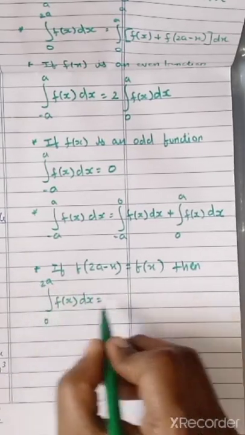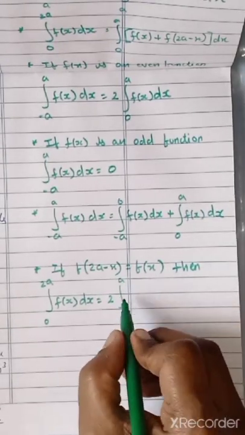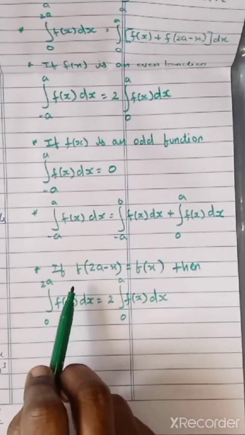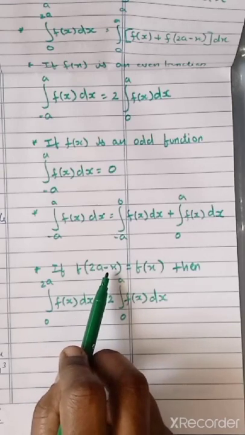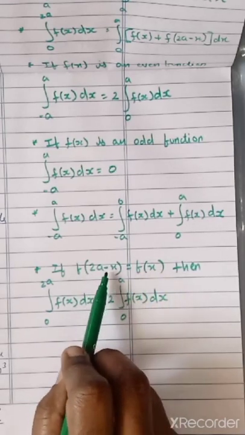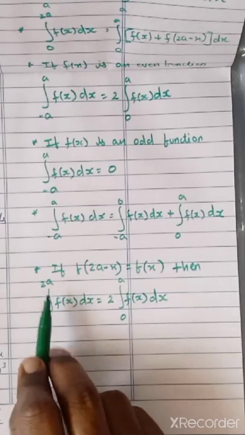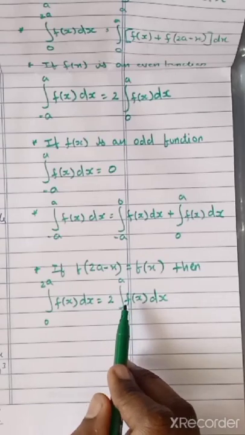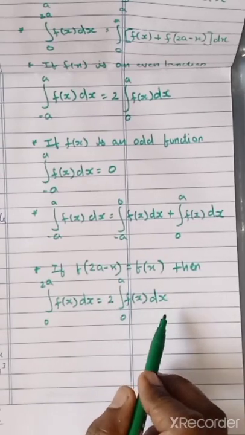This 2 you can bring here: 2 into integral 0 to a f of x dx. Now what is this property? f of 2a minus x equal to f of x. If this condition is satisfied, you can write 0 to 2a f of x dx as 2 into integral 0 to a f of x dx.